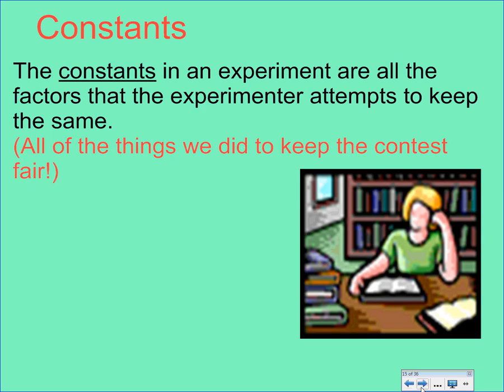And then last but not least, constants. The constants in an experiment are all of the factors that the experimenter attempts to keep the same. Constants can sometimes be called controlled variables.